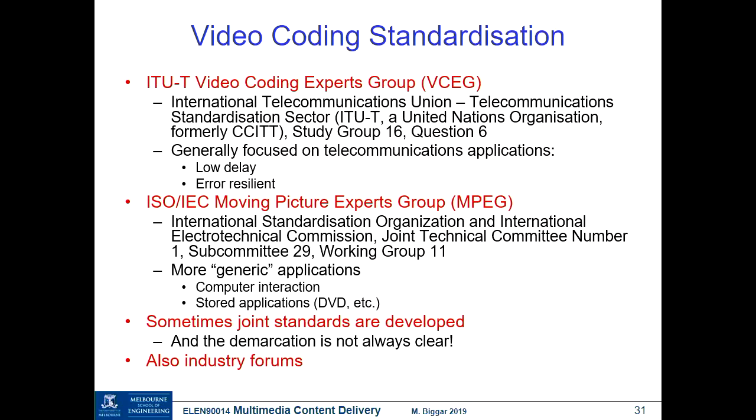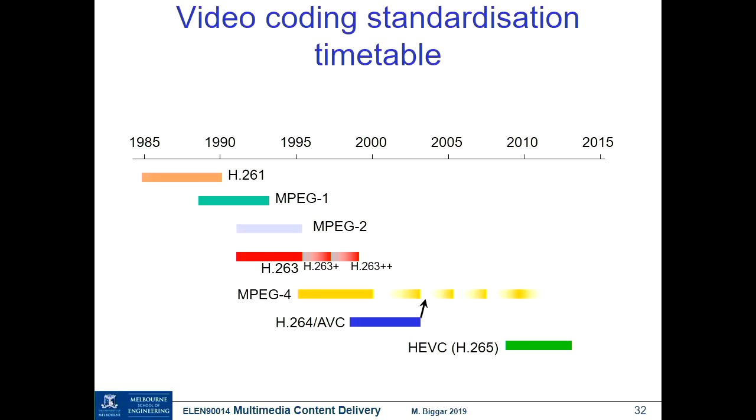In terms of the formal international standards, the timeline, or timetable, of the most significant ones is shown here. The H series recommendations are those that come from the ITU-T. It's just their numbering system. And the MPEG ones are maybe obvious. So what we're saying is that the first significant video coding standard emerged around 1990 with this H.261 version out of ITU-T.